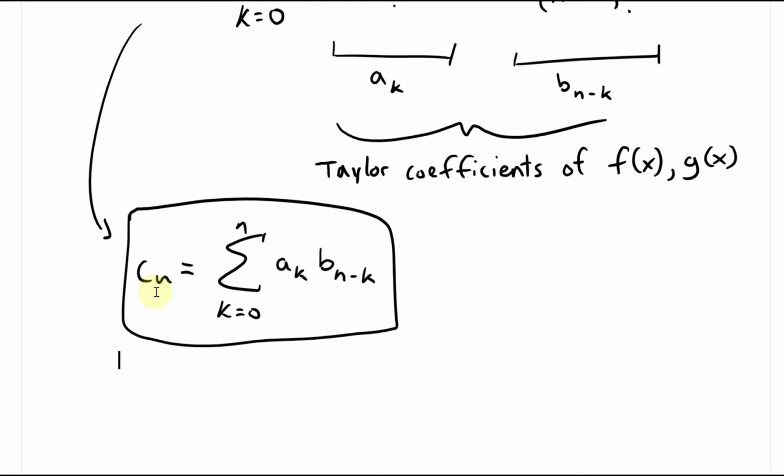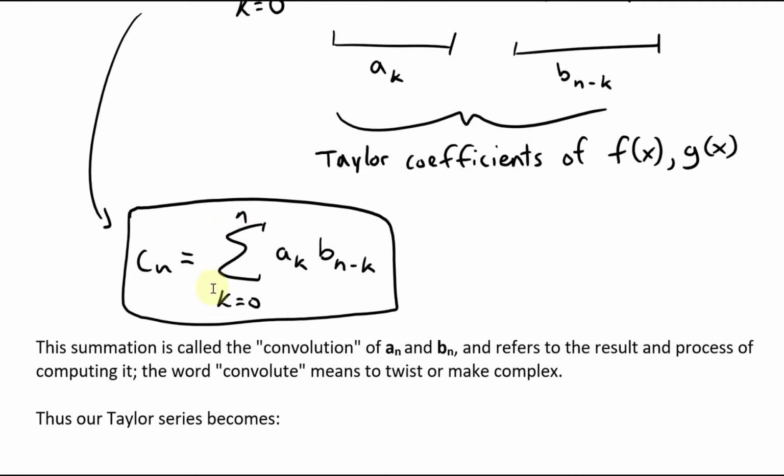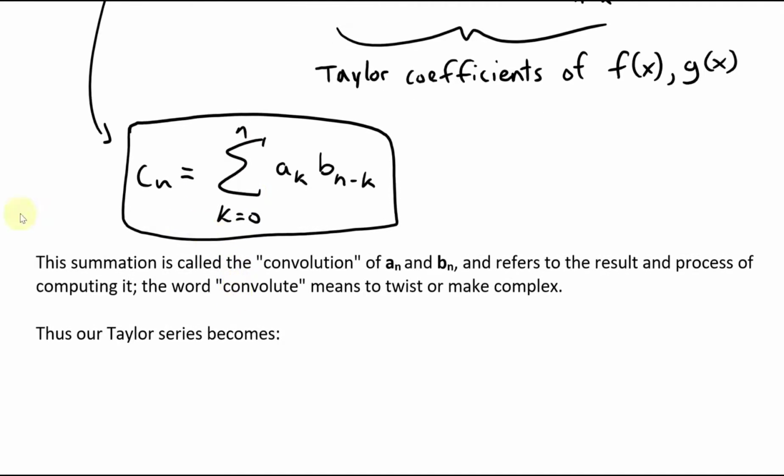So the coefficients of the product of the two series are just the result of this summation of the product of the coefficients of the earlier f of x and g of x series. This formula is often called the convolution of a sub n and b sub n.